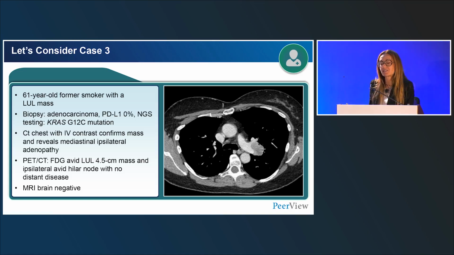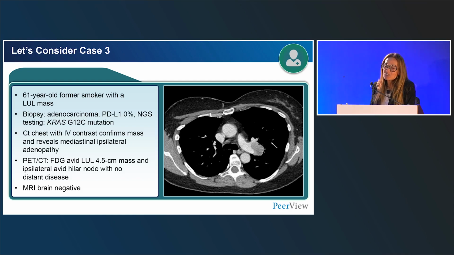disease, potentially resectable. So for this case, we have a 61-year-old gentleman, former smoker, who was found to have a left upper lobe mass. This mass was actually biopsied. It was referred to a pulmonologist and to an oncologist, and was found to have an adenocarcinoma with negative PD-L1, and the molecular testing was done on the tissue and revealed, again, to stay on the theme, a KRAS G12C mutation.